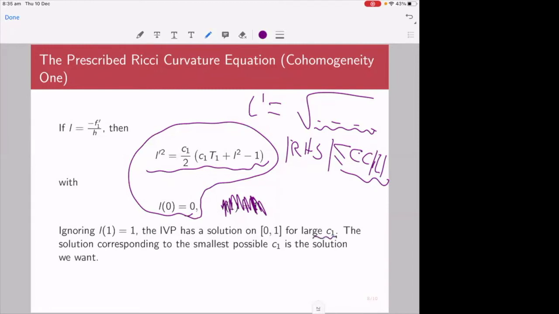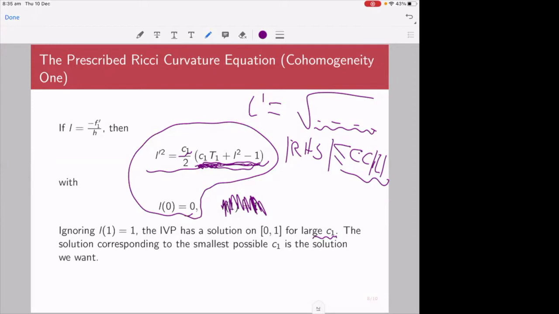Making C1 large avoids this problem because, by forcing C1 to be large, we can see that L is going to be growing quite quickly, and so we stay well away from places where this term here might in fact be 0. Okay, so we've solved the initial value problem for certain large values of C1. The proof then becomes completed by saying, let's just lower C1 until we don't get solutions anymore.